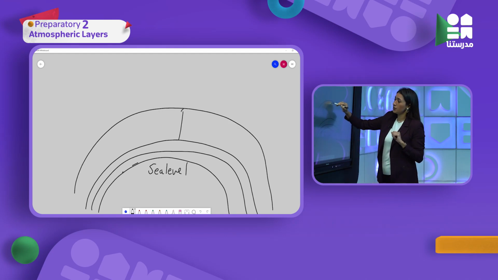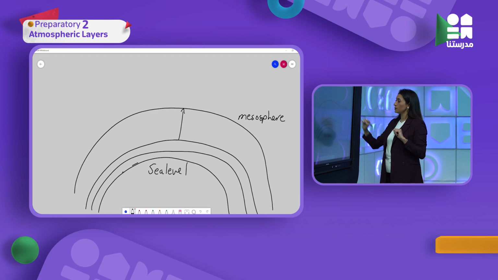ميزوسفير دي third layer وبسميها ميزوسفير. اوكي.